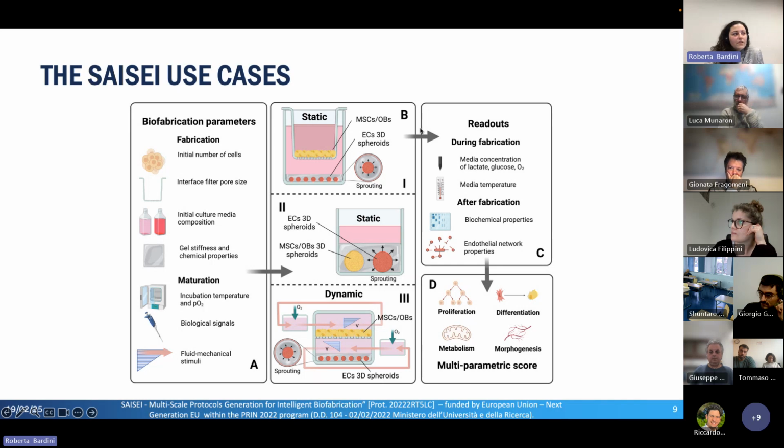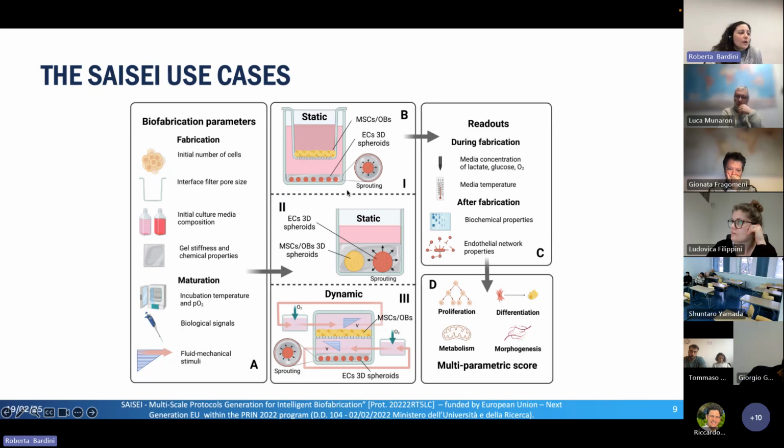Also, we can intend these use cases as something we can extract readouts from. So, given a certain complexity, we can decide to read more or less complex data from our culture. For example, the concentration of some elements in the medium, the temperature, or some more strictly biologically defined properties, such as biochemical properties, biological properties such as molecular analysis, gene expression, presence of certain proteomic markers, etc., or morphogenetic behavior of cells that underwent one versus the other condition.